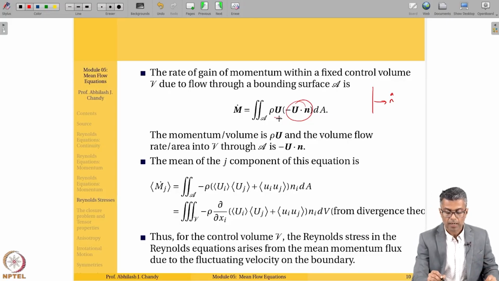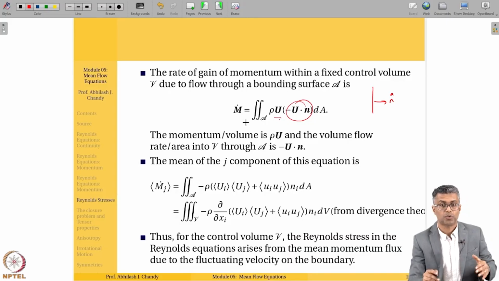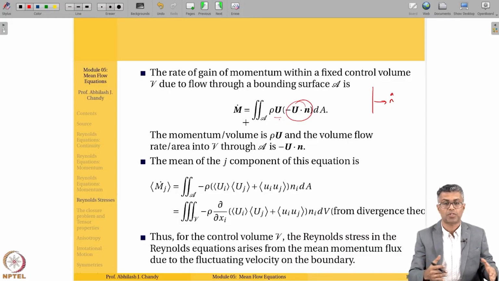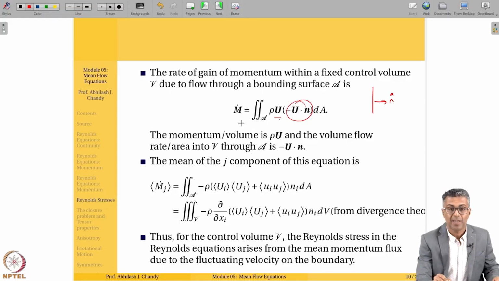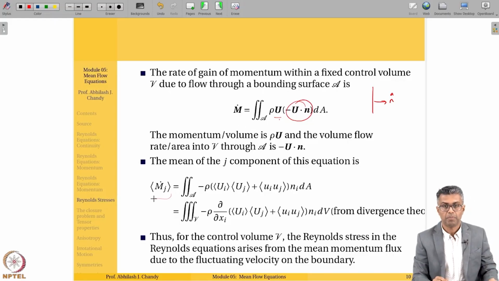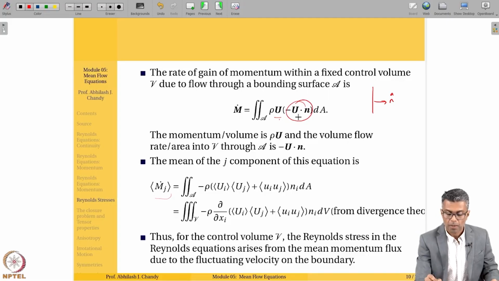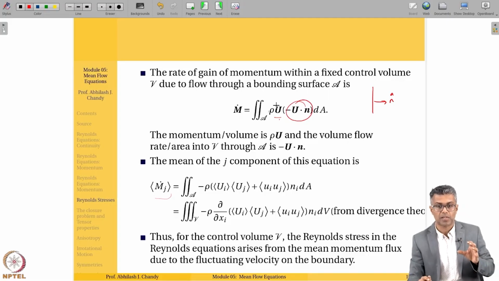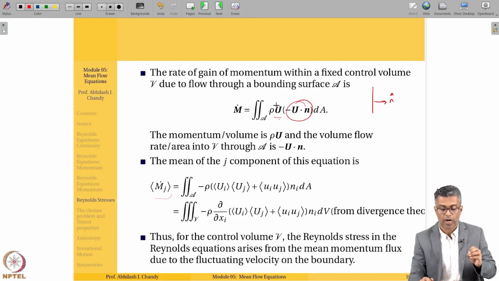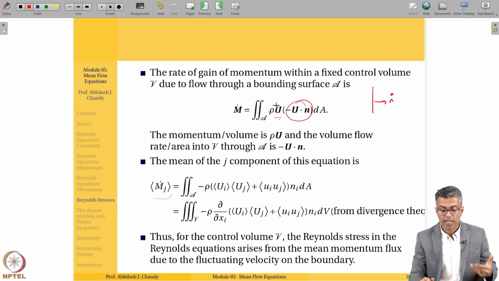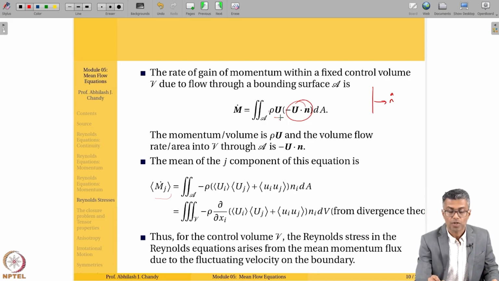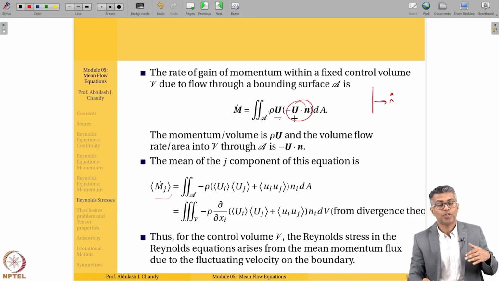Now if you take a mean of this, because we are in the process of always taking averages, the j component, that is m dot j mean, involves this term where you have u and u. In index notation, this is ui uj. And then you take an averaging of that.